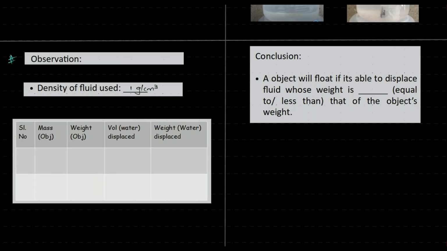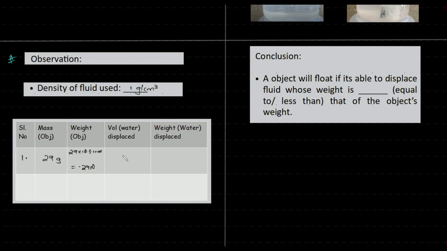The very first thing is serial number 1. The mass of the first object is around 29 grams. Weight would be 29 into 10 divided by 1000, so this would be 0.29 Newton.